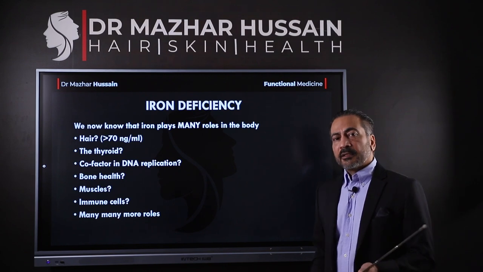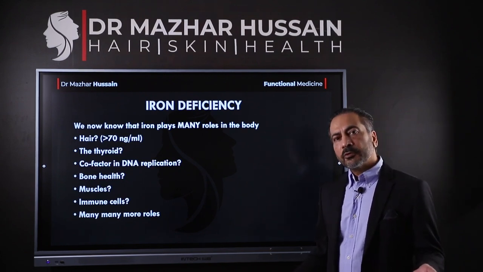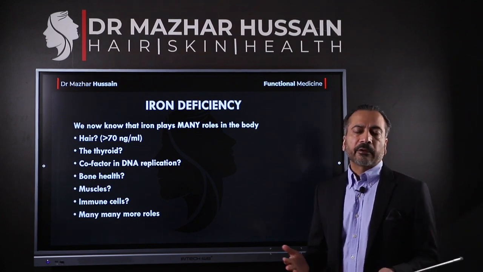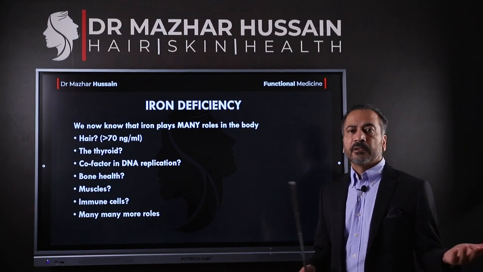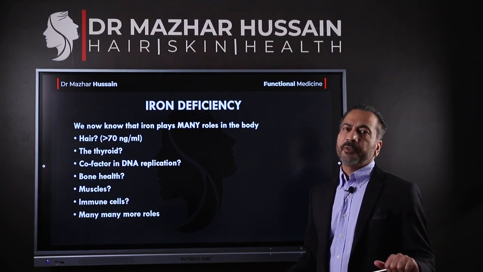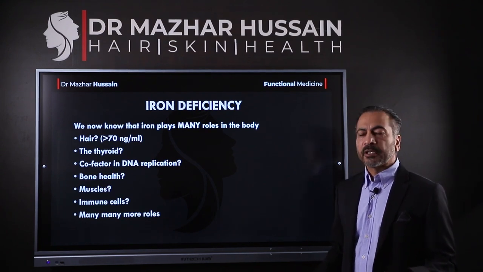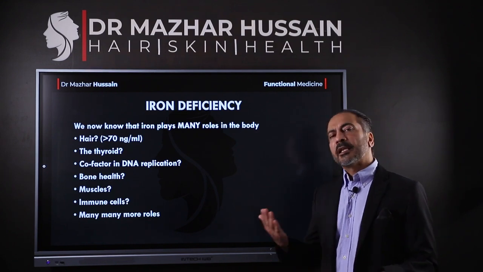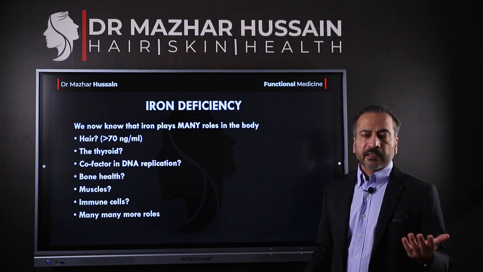We also know that the thyroid requires iron to produce thyroid hormones. And I've treated patients with hypothyroidism just by giving them maybe a combination of iron and selenium with no other medication, no thyroid hormone substitution or anything, just by giving the patient a sufficient amount of iron and a sufficient amount of, for instance, selenium or zinc.